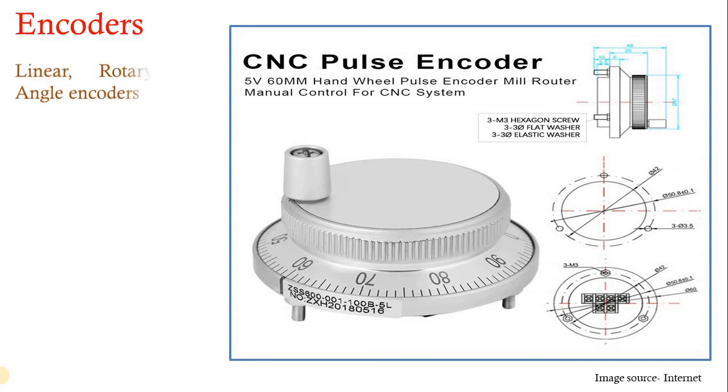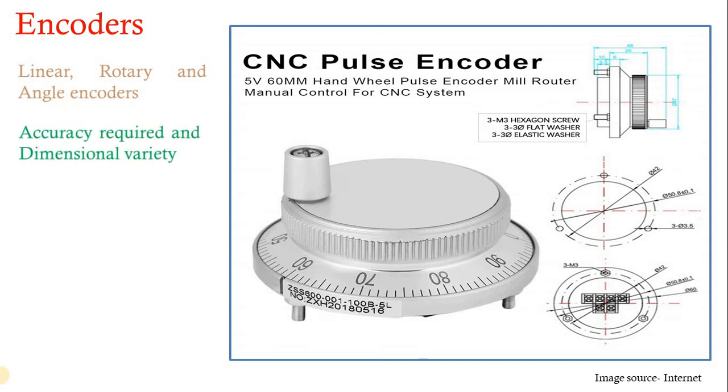Linear, rotary and angle encoders are used for feedback in CNC machine systems, communicating between the control and the respective motor. Each type of encoder monitors a different motion element of a machine depending upon factors like accuracy required and dimensional variety.